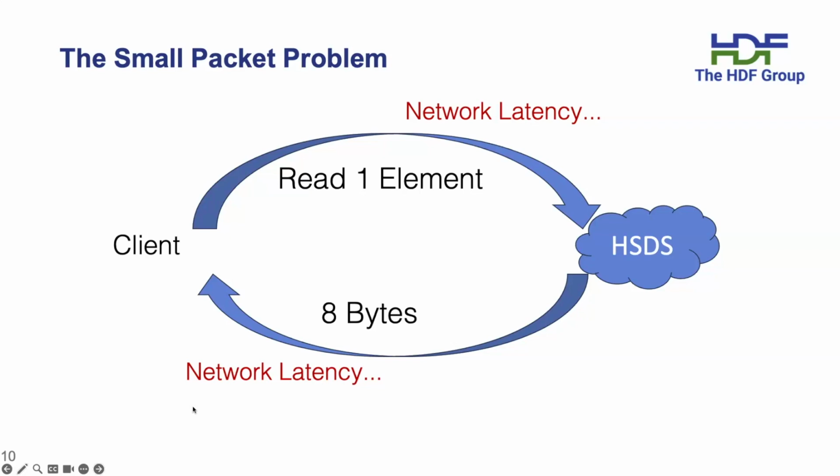Well, okay, you send out your request, it travels across whatever network, gets to HSDS, it gets that information pretty quickly, and now travels all the way back across the network to the client. So great, you got your 8 bytes, and you waited through 2 entire phases of network latency. And ideally, your I/O would never look like this, but maybe you could get away with this on a local file. But now that you're working with HSDS, probably you can't anymore if you were before.